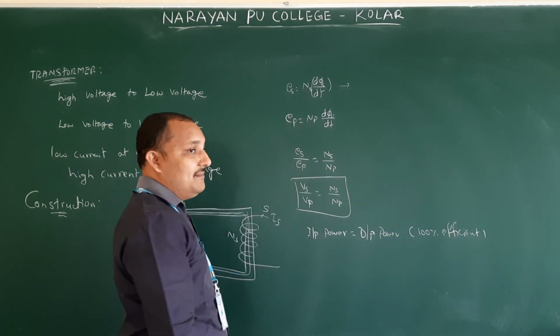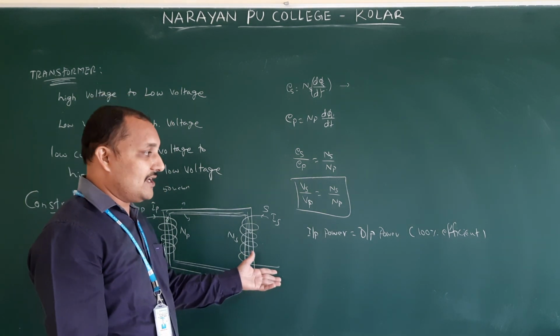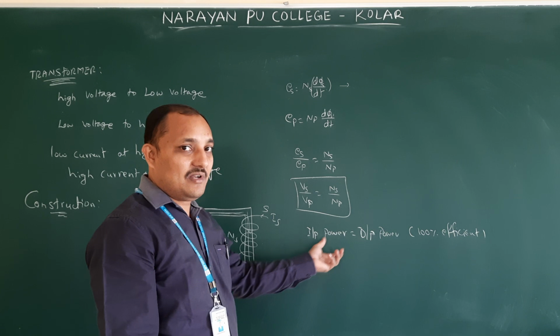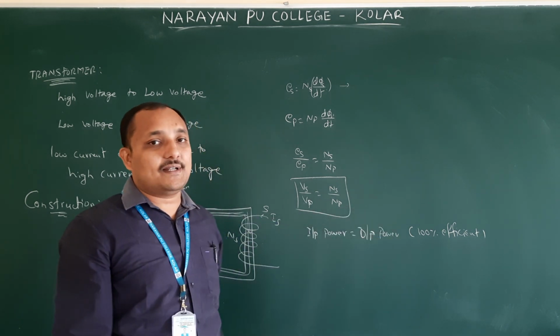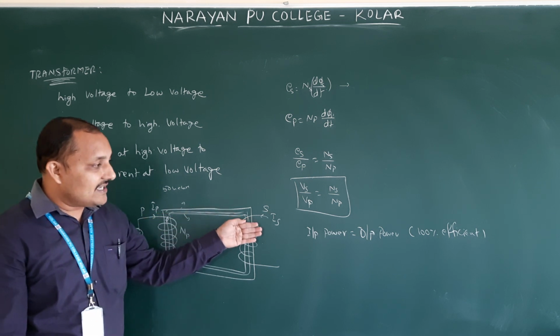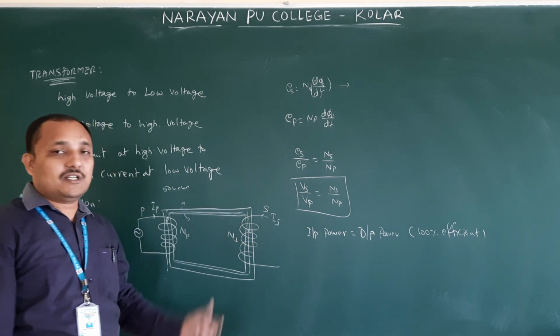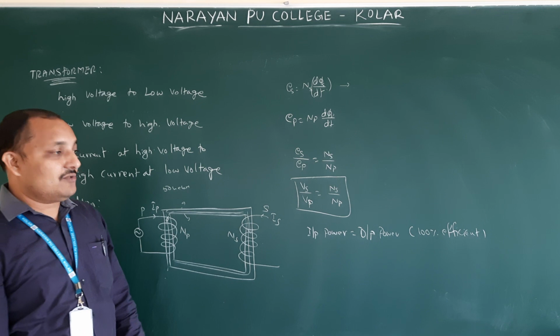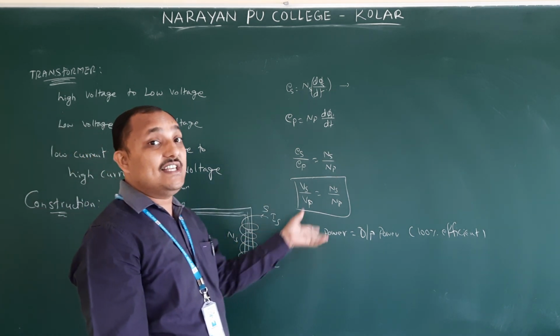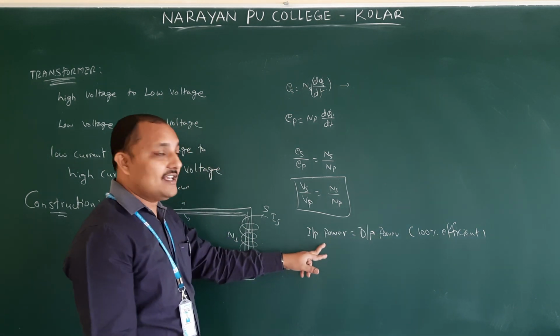If you are efficient, it means if I give 10 problems as homework and you solve 10 problems, input is equal to output. Likewise, if I give input power and you get the same output power, then this transformer is also 100% efficient. But no student is 100% efficient, and likewise no transformer is 100%. We are discussing the case where it is 100% efficient.